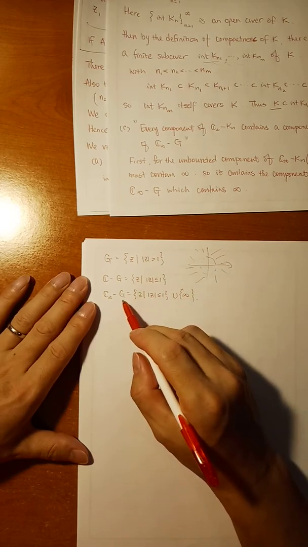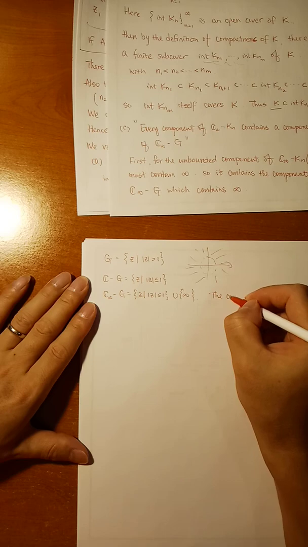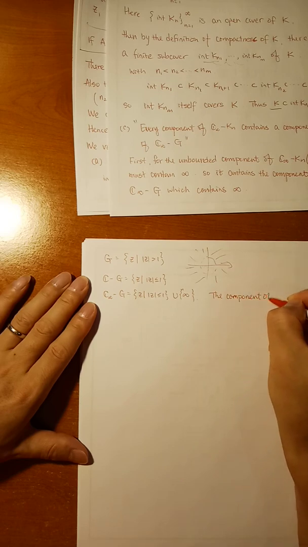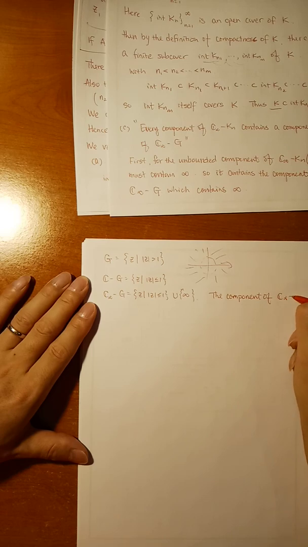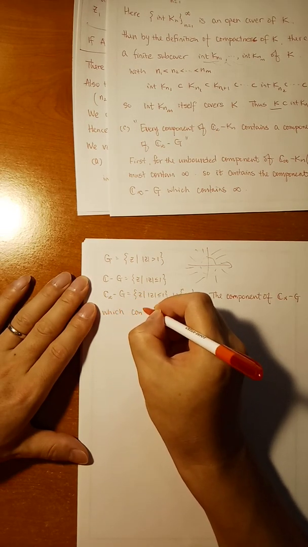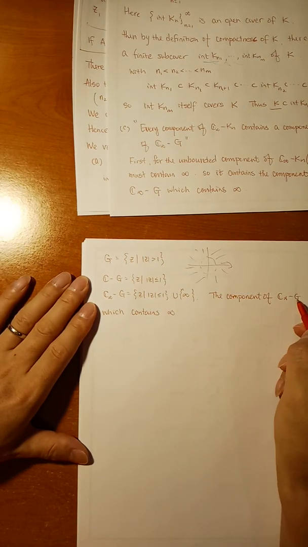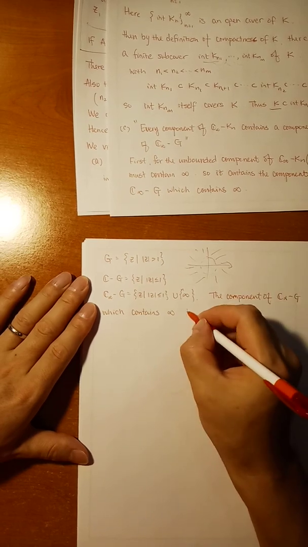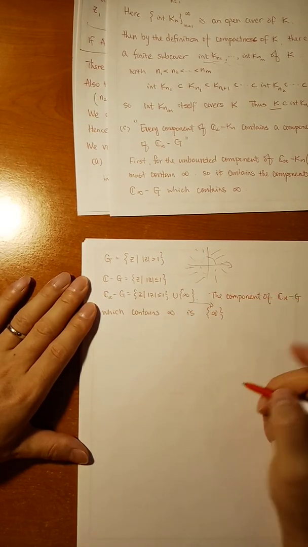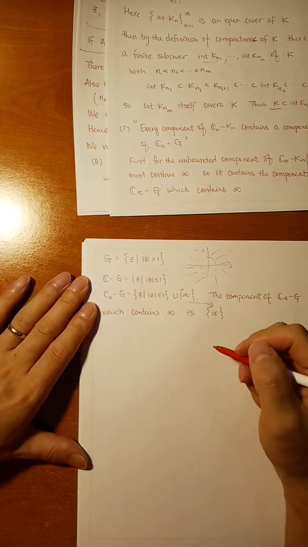It is not contained in G. Then, in this case, the component of C infinity minus G which contains infinity is just the singleton, the set of one element.